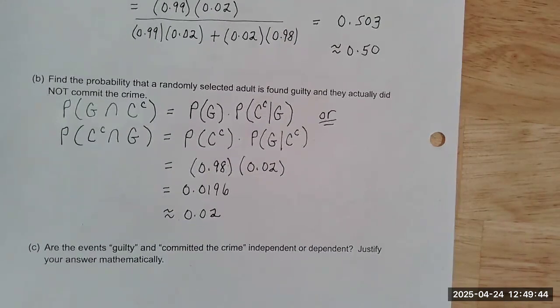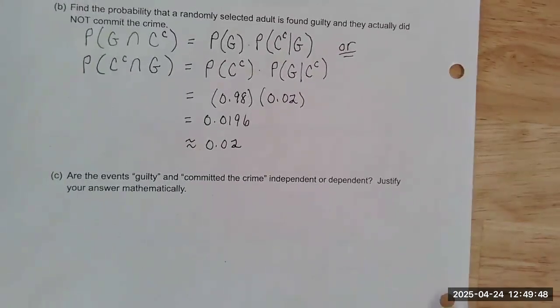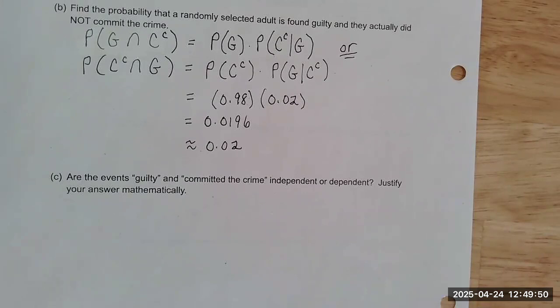Last one doesn't involve Bayes' theorem. It just involves us going back to our definition stuff again. Are the events guilty and committed the crime independent or dependent? Justify your answer mathematically. Did you have a question like that on the midterm?